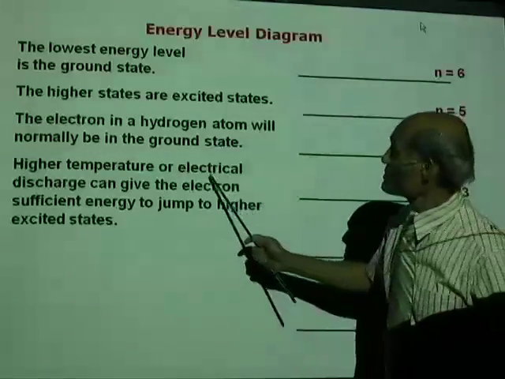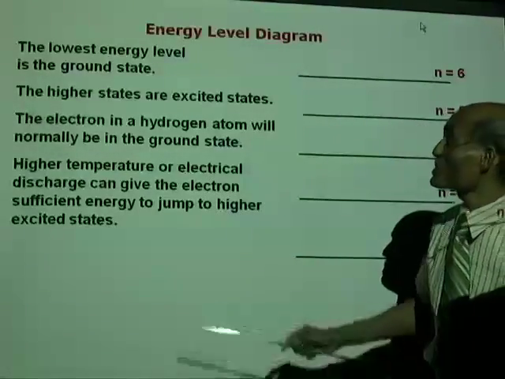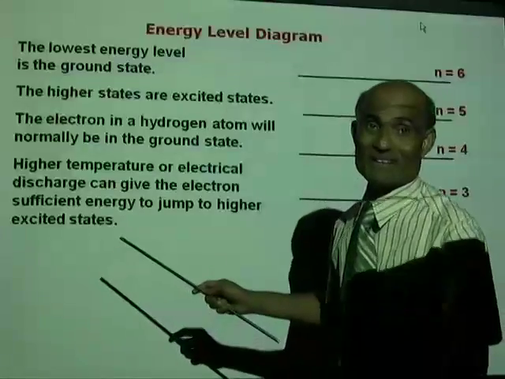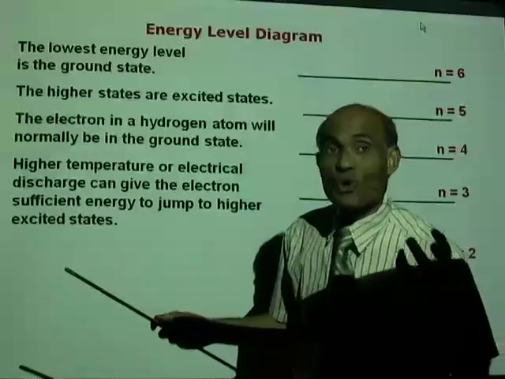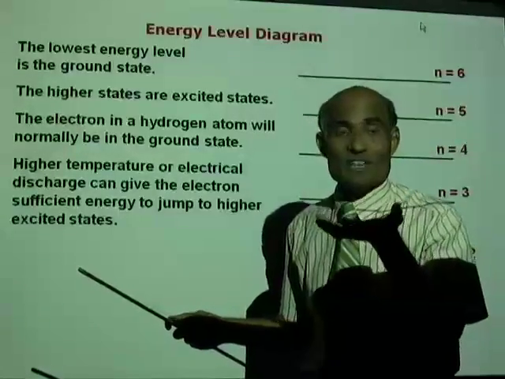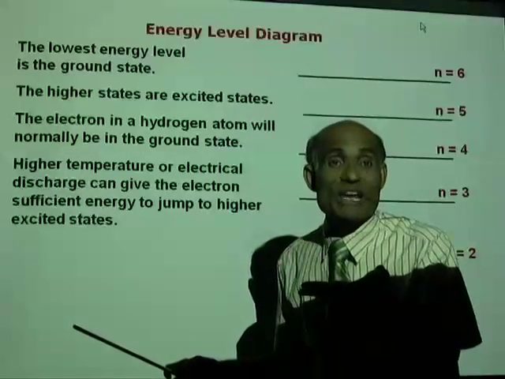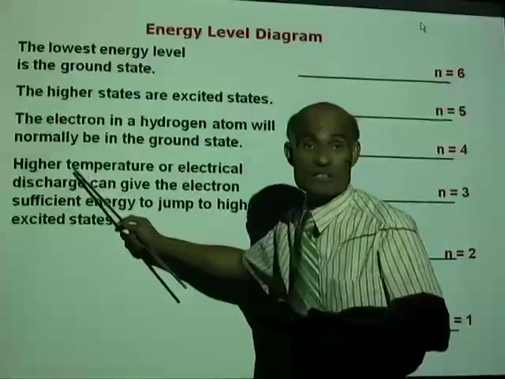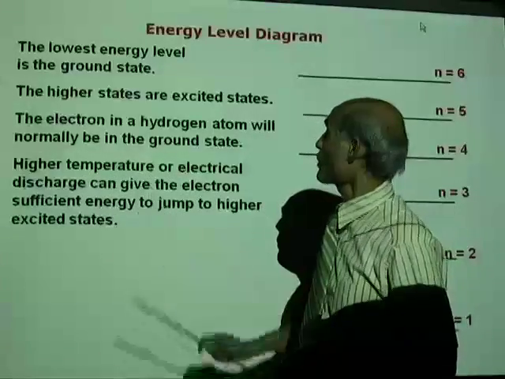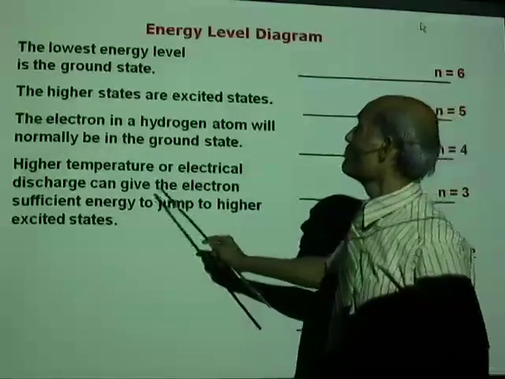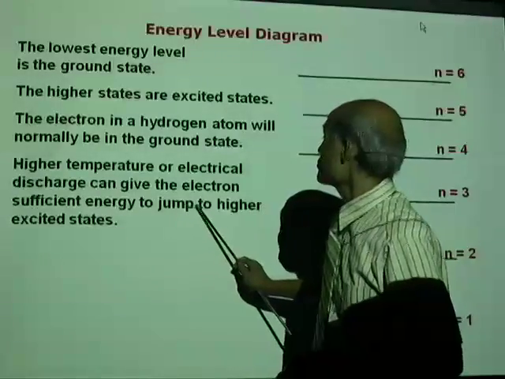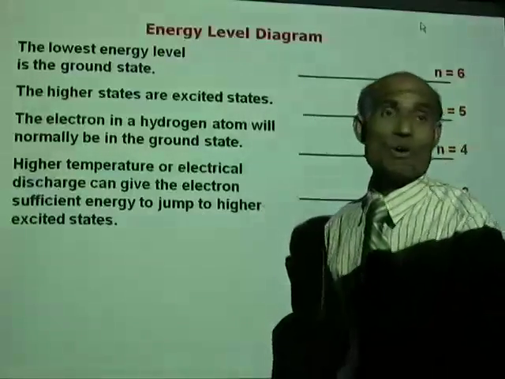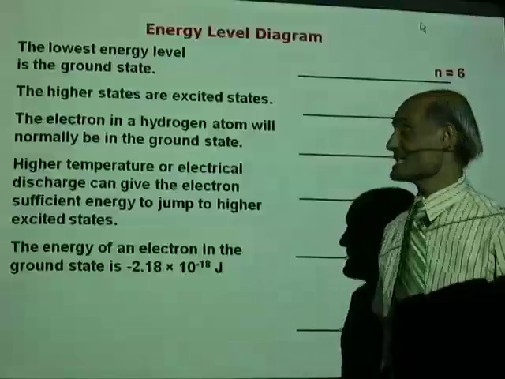Now, higher temperature or electrical discharge, we talked about that. An external source of energy can actually give the electron extra energy, and these external sources can be higher temperature, heating, or an electrical discharge, which will result in an electron jumping to higher orbits or higher energy states.